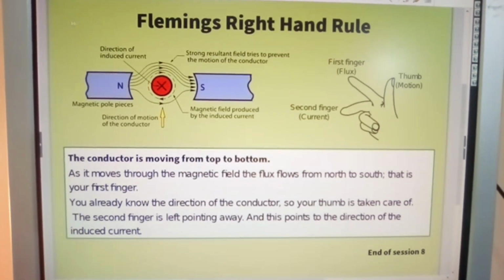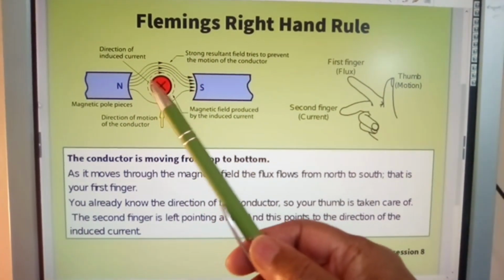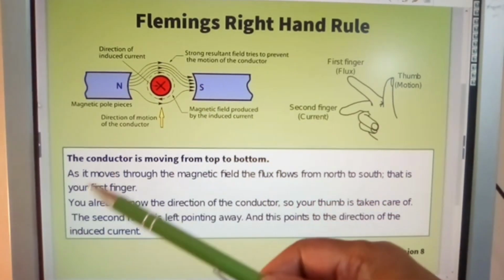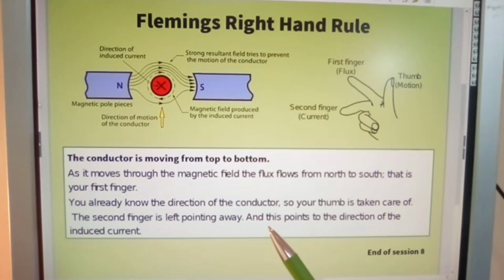Fleming's right-hand rule continues. Okay, and here you can see the current going away from you. The conductor is moving from top to bottom.